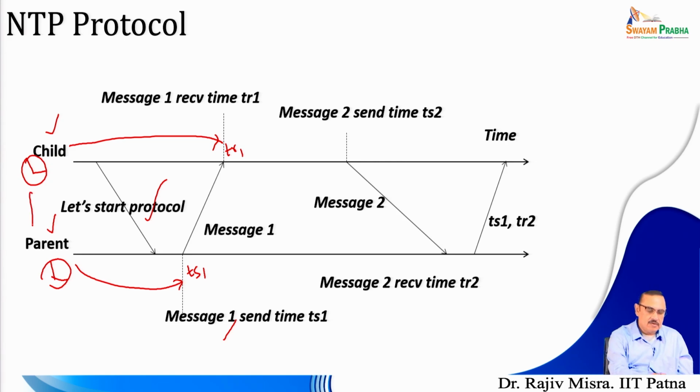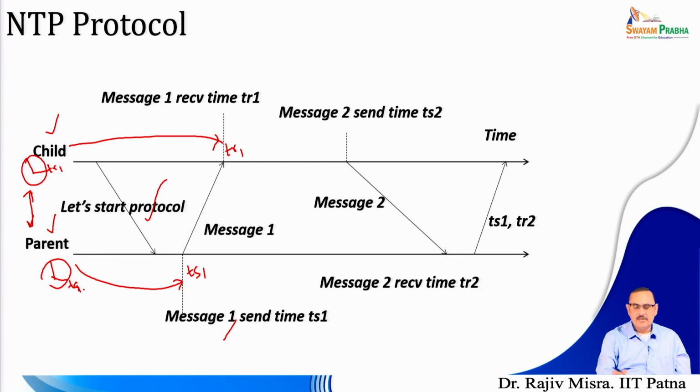So, this child will synchronize its clock with the parent clock here using Network Time Protocol. It sends its clock value, that is called TR1, it time stamps at TR1 when it receives it, it sends it as TS1.